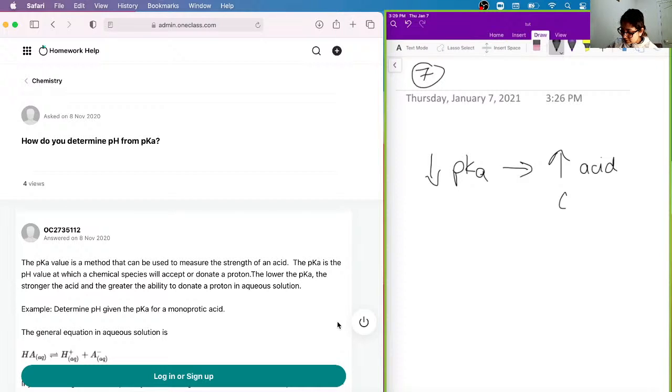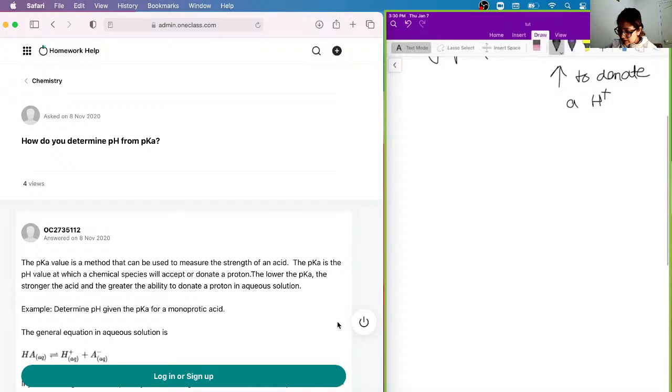And so to determine pH given the pKa for a monoprotic acid, which is just an acid that has basically one hydrogen, a proton, let's say we have an acid reacting in aqueous solution, and it dissociates into a proton and the conjugate base.